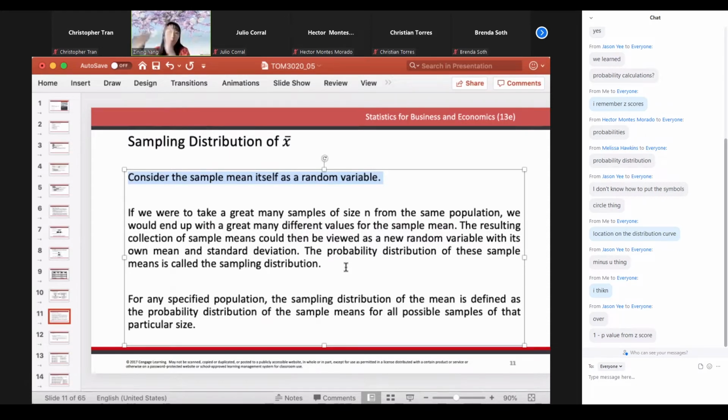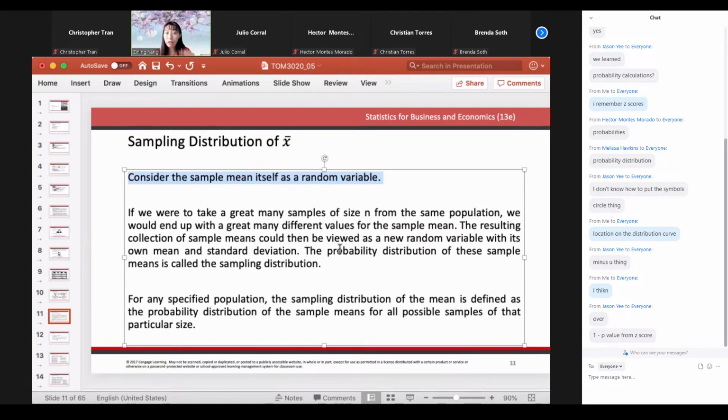Now we have a new random variable, which is the mean of a sample of 30 students. Let's say I'm taking 10 different samples. Then I will have 10 sample means, and they are very likely to be different.